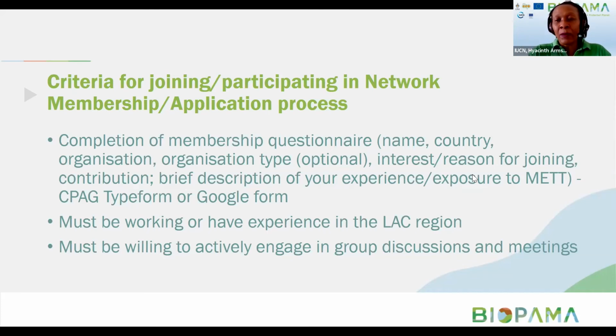We indicate that as optional, but we'd like to get a sense of where persons are operating out of. That helps us to understand, to a certain degree, some of the needs, who are the players in the field, and so on. Of course, your interest and reason for joining, what you can contribute to the process, and so on.